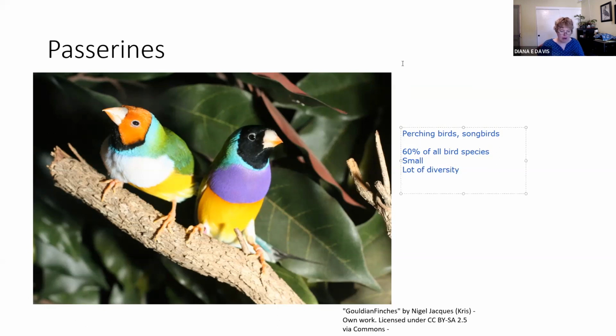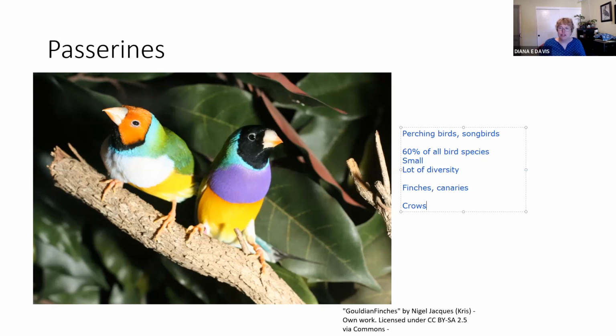And when we talk about pets, we're talking about finches and canaries, and similar types of birds. When we talk about wild ones, this group also includes the crows. So lots of birds in this category, lots of diversity here.